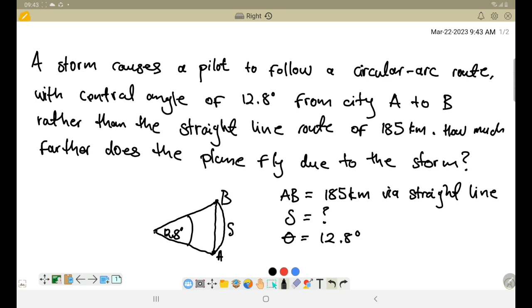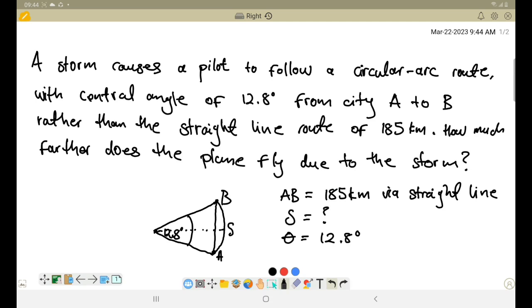So we can also bisect this line here. By bisecting, what can we do? Because the main idea is to find distance S, which is the arc length, from the knowledge of radian measure.